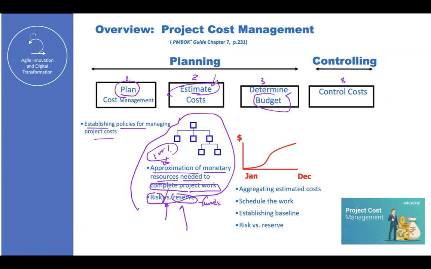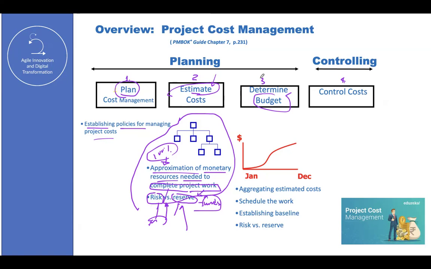So you need to add more money just in case something happens. The name of those reserves are risks and reserve funds, or risk and reserve management. So we have a couple of slides coming up talking about risks and reserves.